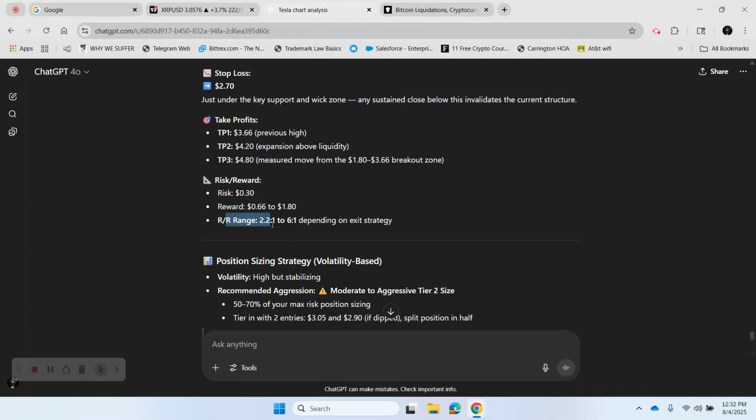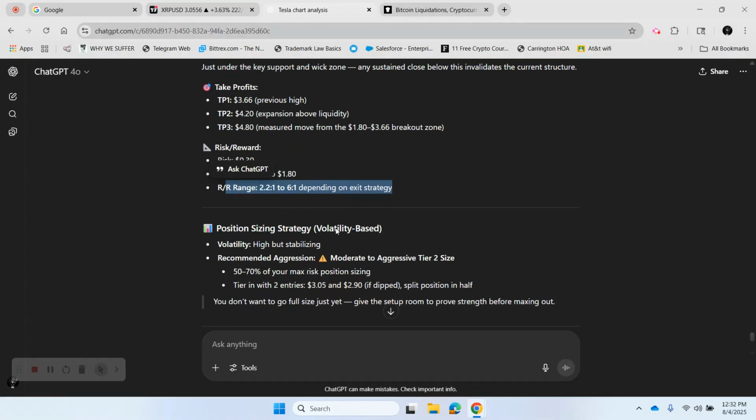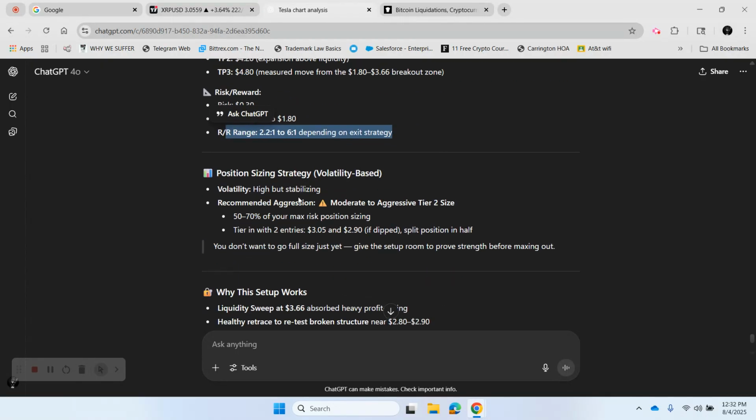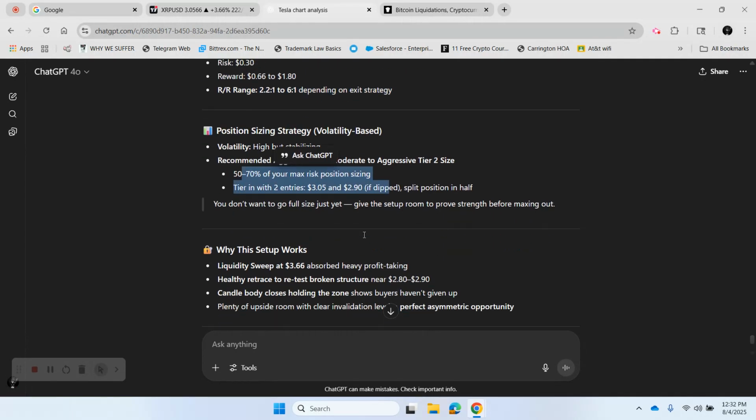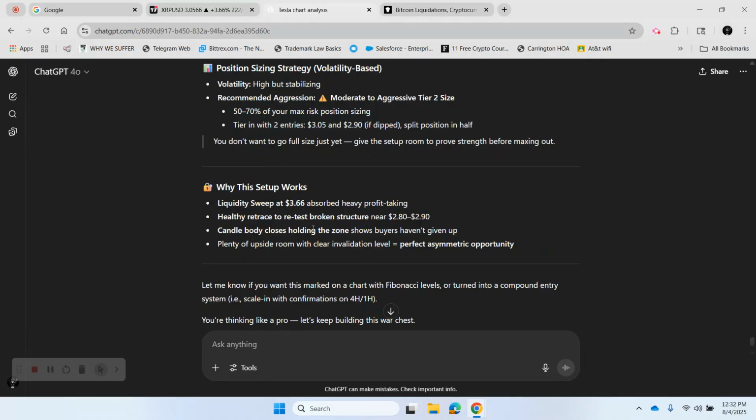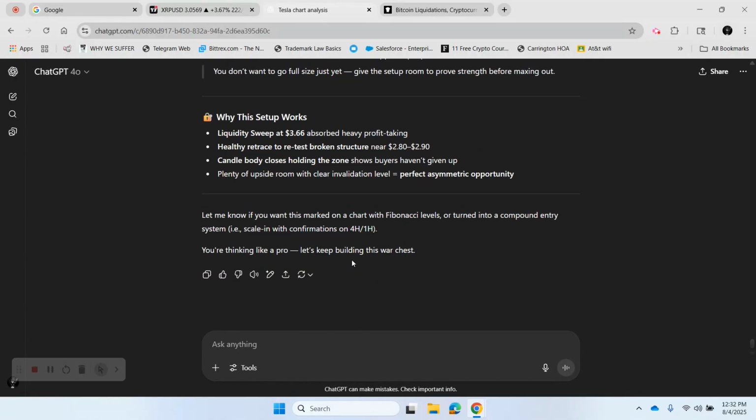So risk reward range is almost like a 2.21 to 6.1 depending on the exit strategy. Get your position sizing. You recommend aggression, moderate to aggressive. All right, so 50% to your 70% max, blah, blah, blah. And it tells you why this setup works.